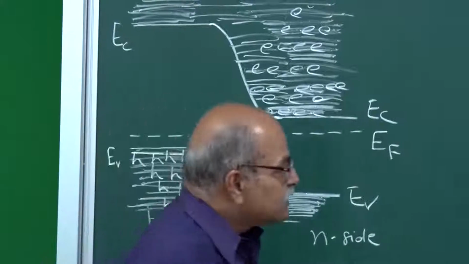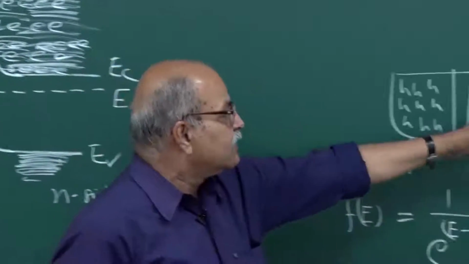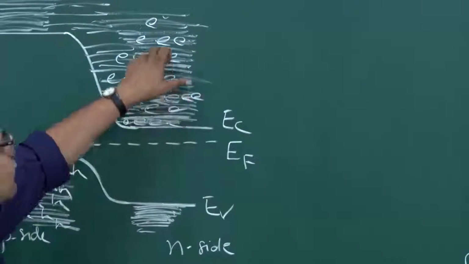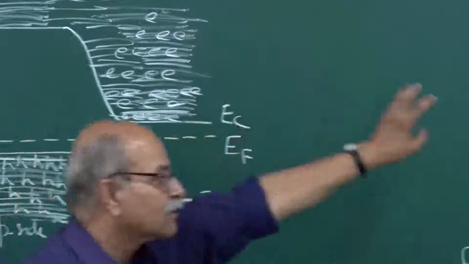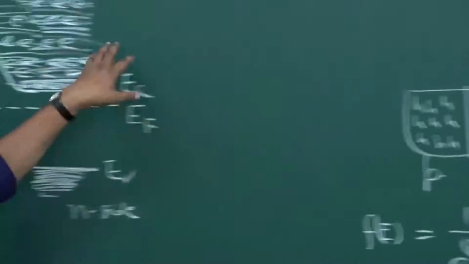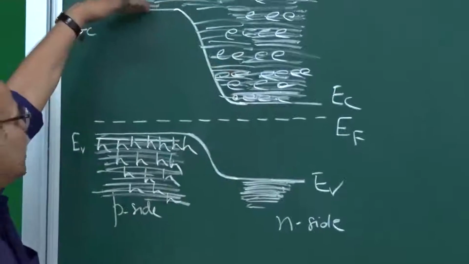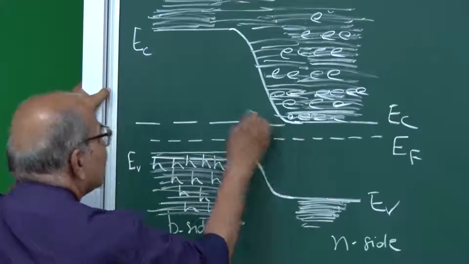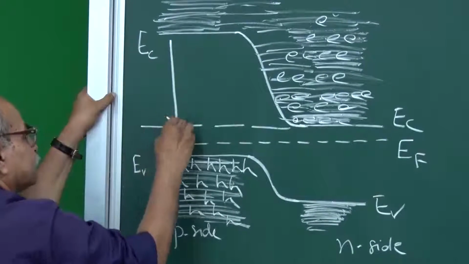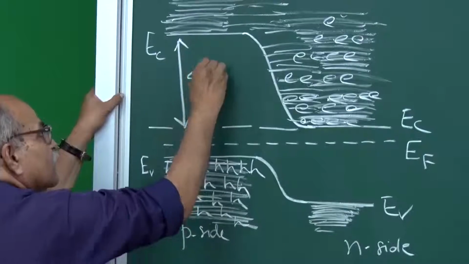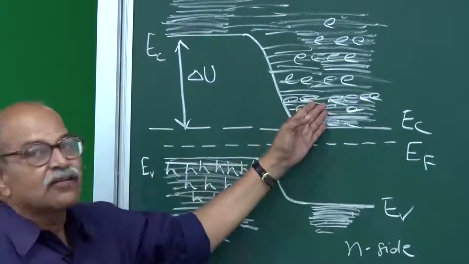Then if there is a concentration gradient, we have diffusion, but which electrons take part in diffusion? Here I cannot say which electrons take part in diffusion, but here we can, because you have this barrier. You have this energy barrier here, this much of energy barrier. And so these electrons cannot diffuse.